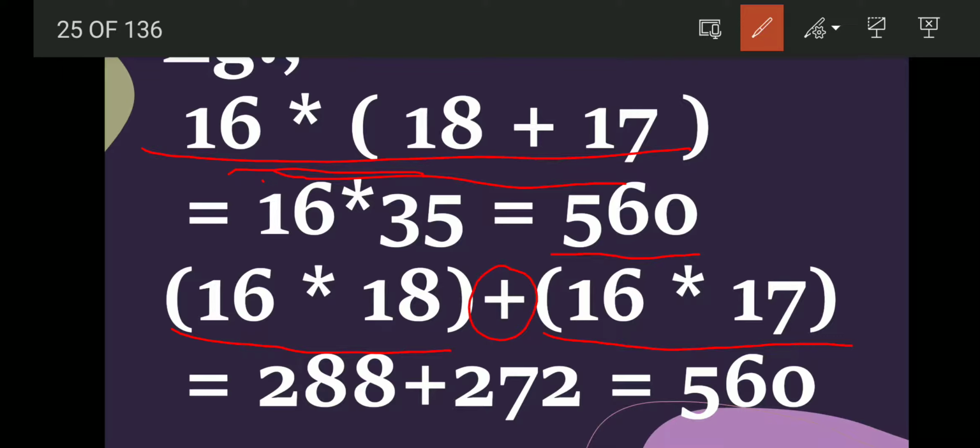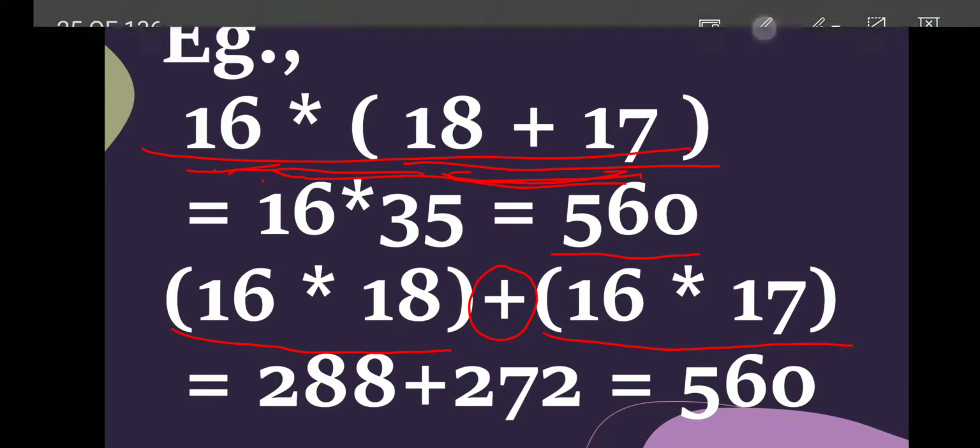When you add 288 and 272, we get 560. So this is the distributive property which shows that whatever addends you take, it doesn't make any difference if you add all the addends and multiply by the number, or you multiply each addend with the given number and then add the products later on. You will get the same answer.